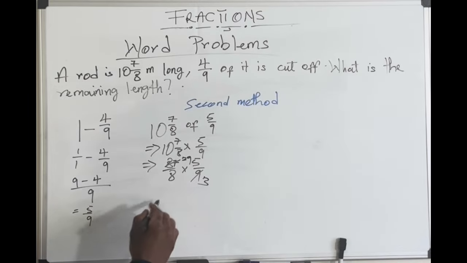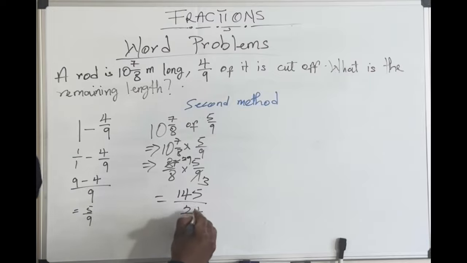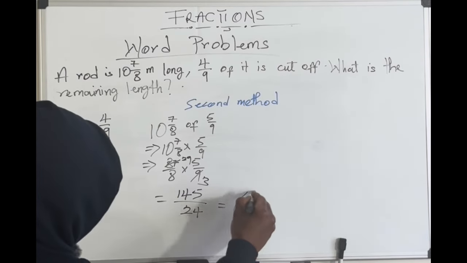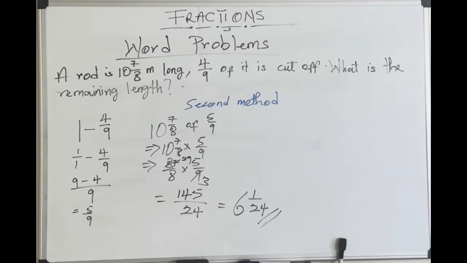Okay, all right. So 29 times 5 gives us 145 over 8 times 3 is 24. And then 145 divided by 24, with long division, we will get 6 whole number 1 over 24. So as we see, we arrived at the same answer. So you pick whatever method works best for you.